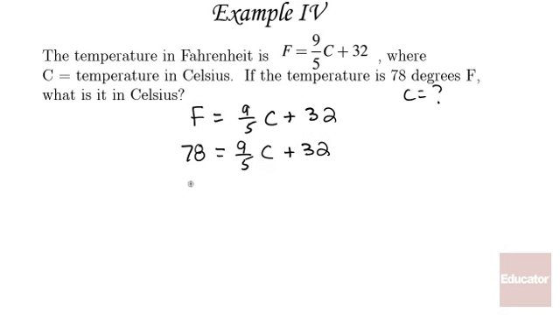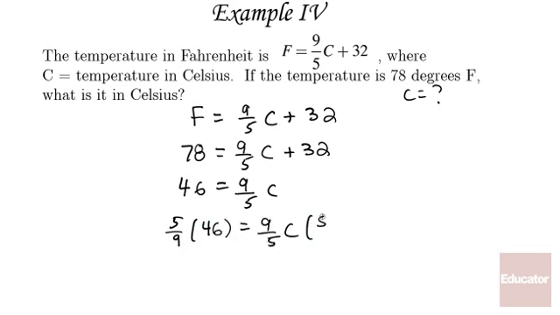Subtracting 32 from both sides gives me 46 equals 9/5 C. Now, in order to isolate the Celsius, I'm going to multiply both sides by 5/9. So when I do that, I'm going to get 5 times 46 is 230, and that's divided by 9. Here, that all cancels out.